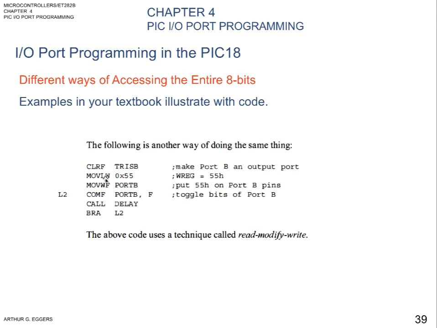Then again, we move our literal 55 to the working register, and then we move that value to port B on the port B pins, and then we use a different command here, COMF, port B, F is the direction. So we're going to toggle bits of port B by using this complement. Then call the delay, and then branch.